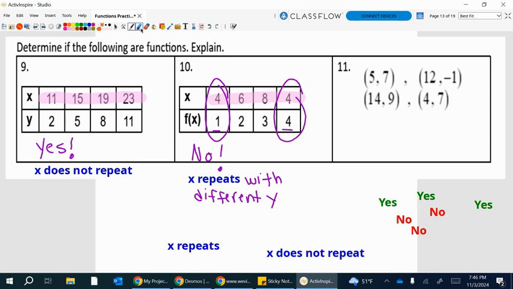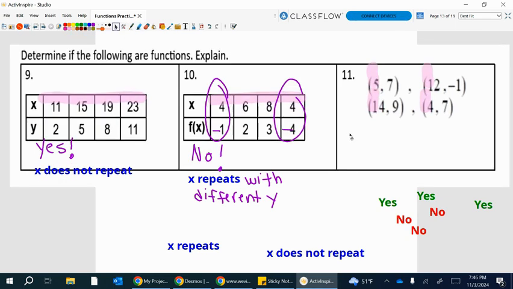Okay, number 11 is a set of ordered pairs, but the same process where we're going to look at just the x values to see if they repeat. 5, 12, 14, and 4, they do not repeat, so that is yes.